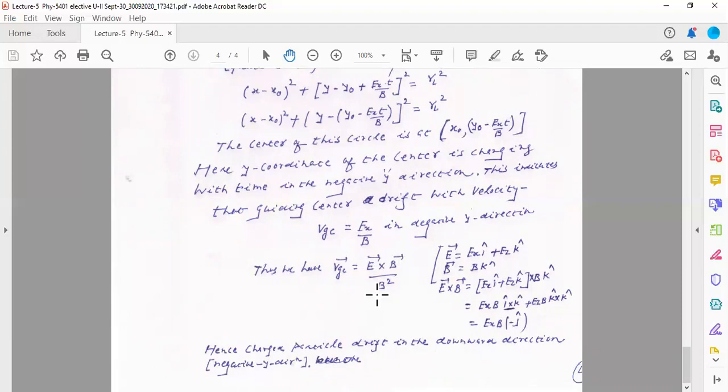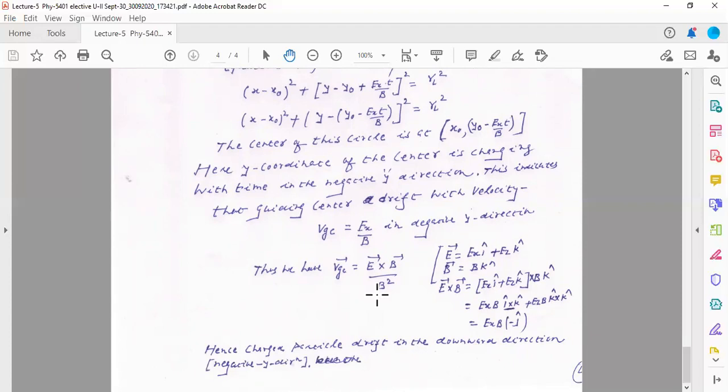So in my next lecture, I will give you the physical interpretation of the electric drift. What is the electric drift, and on which factors does it depend? Whether the particle is heavy or light, or moving with a higher or lower velocity, irrespective of its charge, mass, or velocity, the drift velocity is constant.